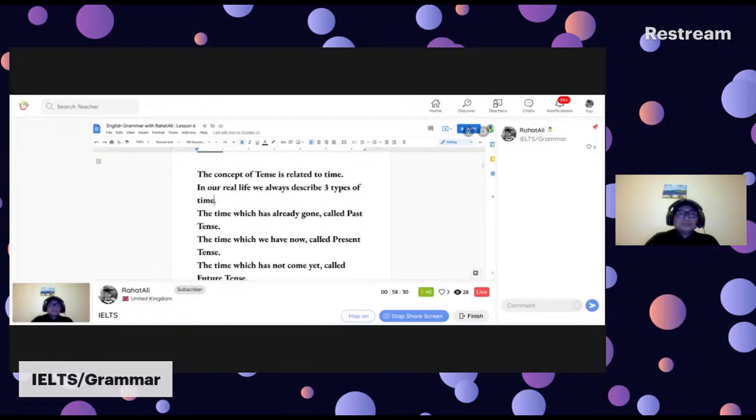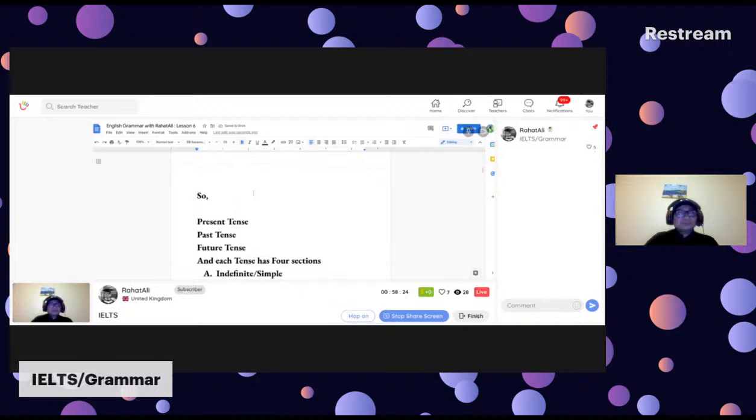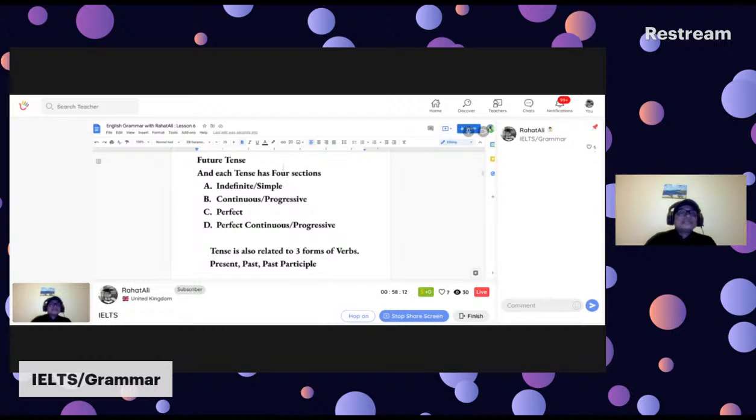Okay, so today, as I said, we'll discuss present tense. So, present tense, past tense, and future tense. According to the grammatical classification, each tense has four sections or four classes, you could say: indefinite or simple, continuous or progressive, perfect, and in some countries the perfect tense is called pluperfect, and perfect continuous.